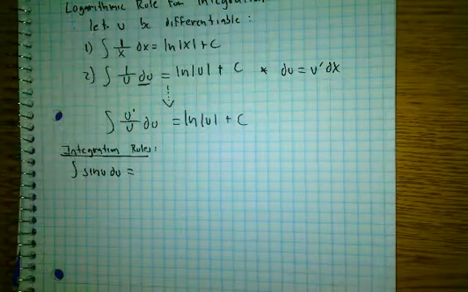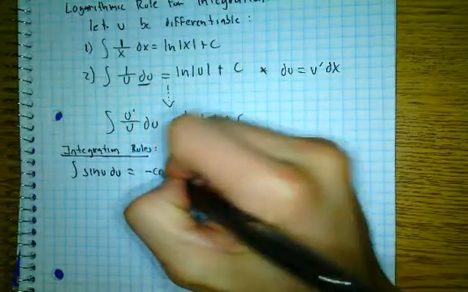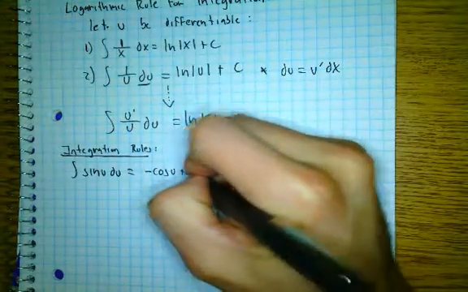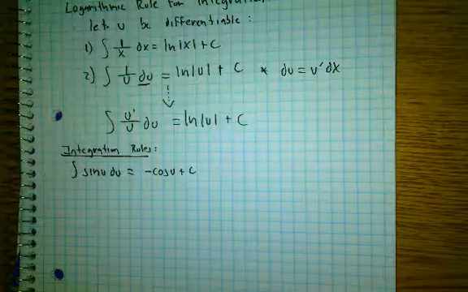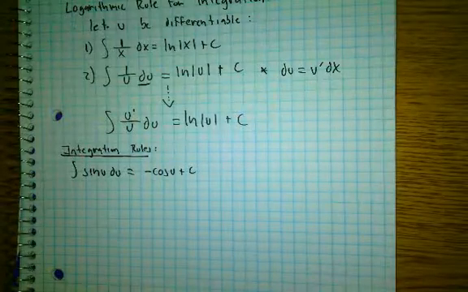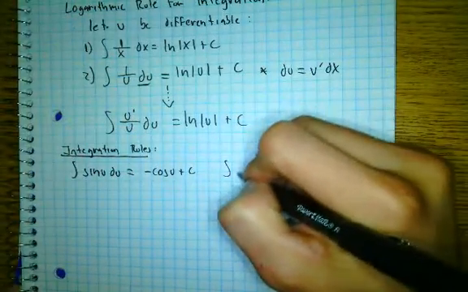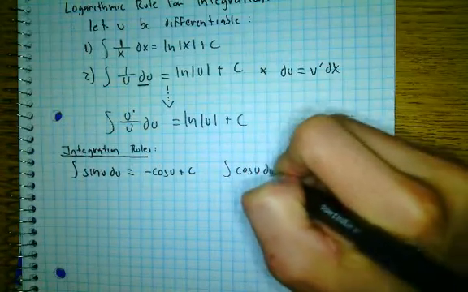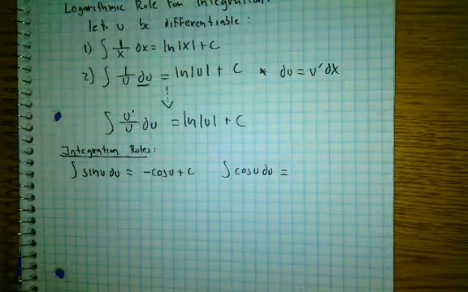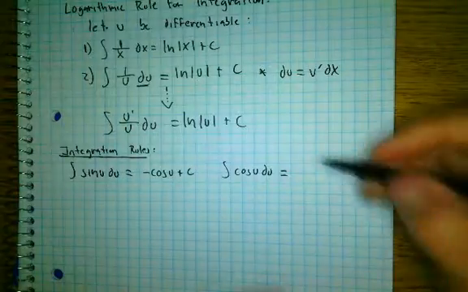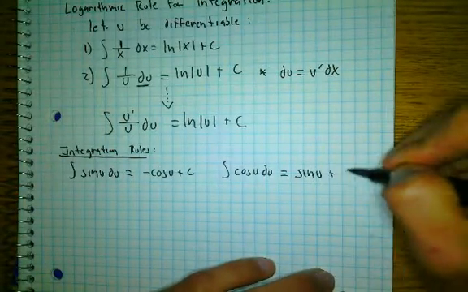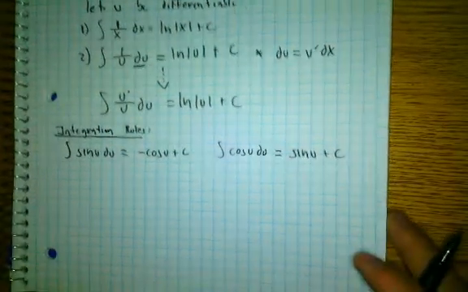Negative cosine u plus some constant. Agreed? And therefore you should also know this one. What is the integral of cosine u du? Sine u plus c.